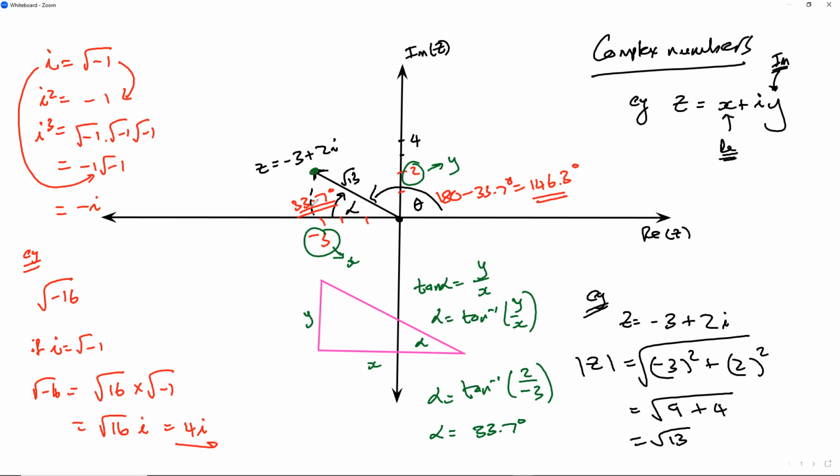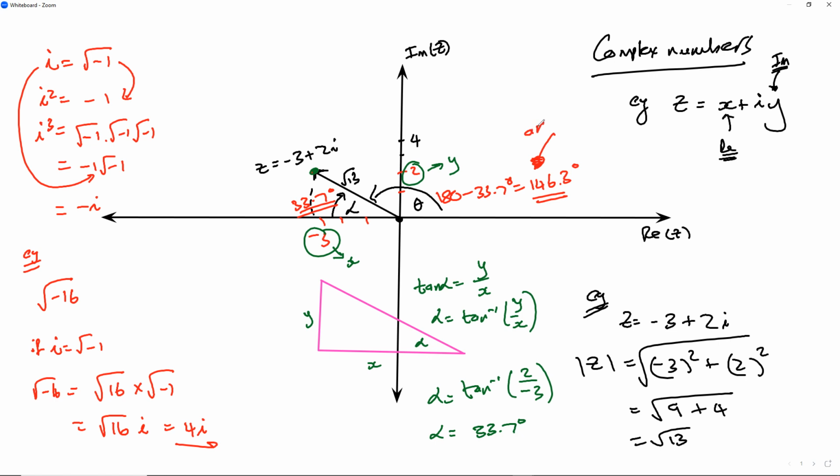Okay, so from this, I've calculated the angle, which is the argument. So this whole part of here, what I've done now is calculated the argument. And in this case, it's going to be alpha. That would be the argument, right? So the argument is not alpha, sorry, theta.